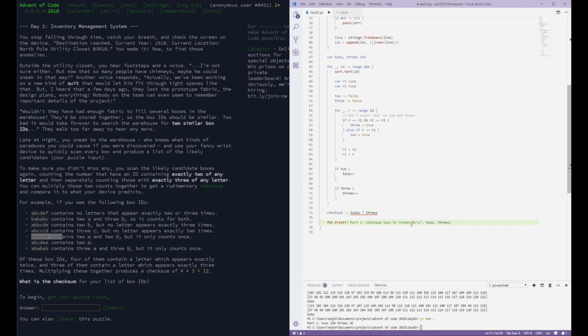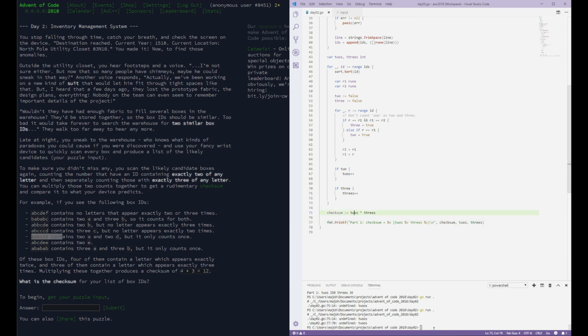So do that. Undefined twos. Okay, so that's the other way around. I should be correcting that.